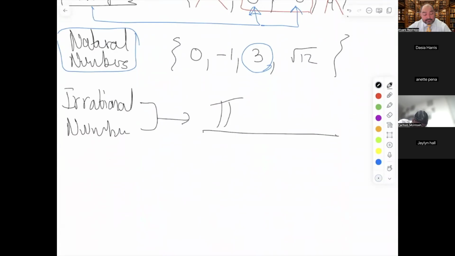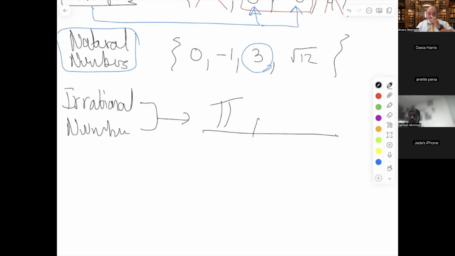So it's pi, 3.14. Yes, it is pi. Okay. You only need one, but let's say you want to be safe. What's another example of an irrational number?